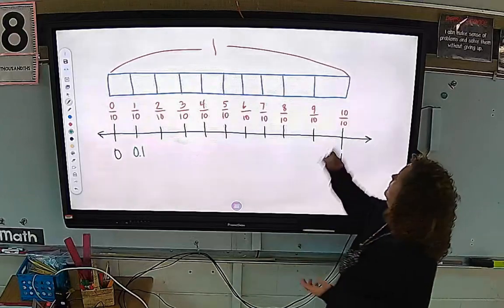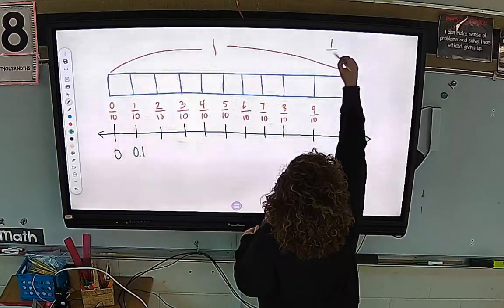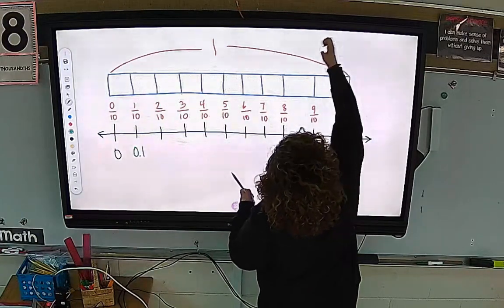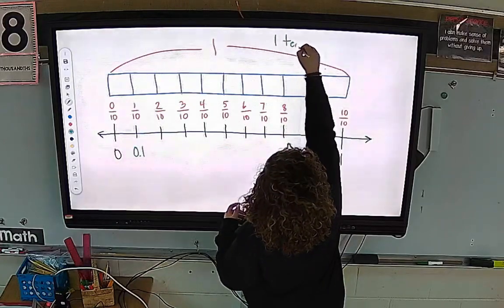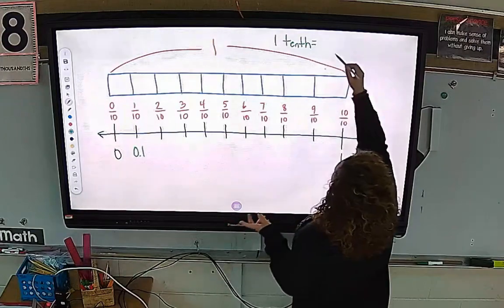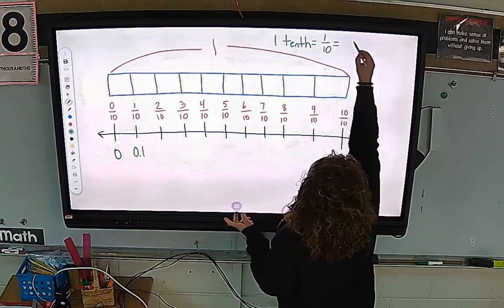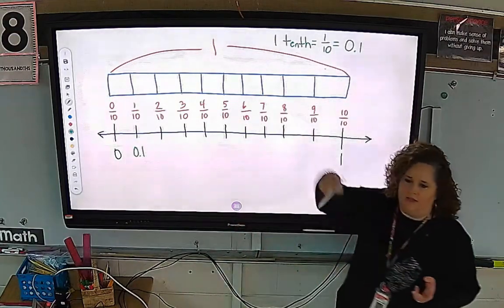Well, let me actually start here. 1/10, and you don't have to write this, I just want you to see it, is also equal to 0.1, but 0.1 has two names.